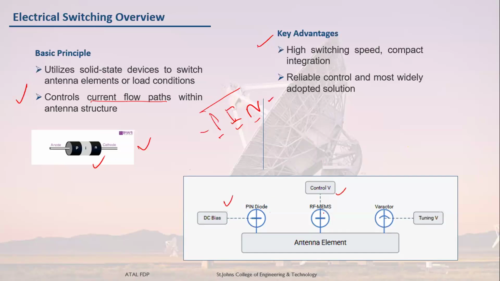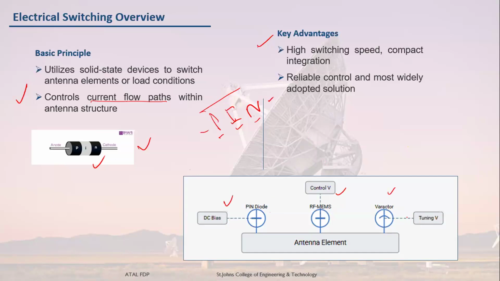Even RF MEMS, micro electromechanical systems, there also I use the voltage. Of course, the way I turn it on and off is different. The varactor is a variable capacitor. When I change the voltage, what happens? Can anyone tell what happens to the varactor diode when I change the voltage given to it? Capacitance changes.